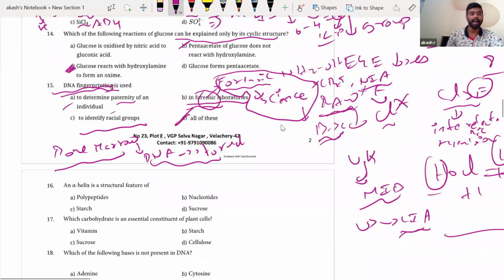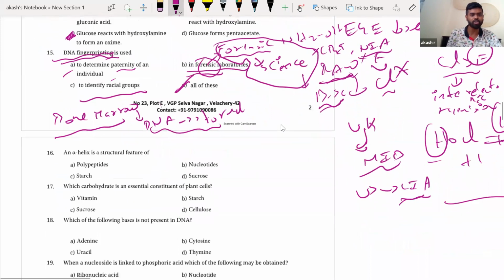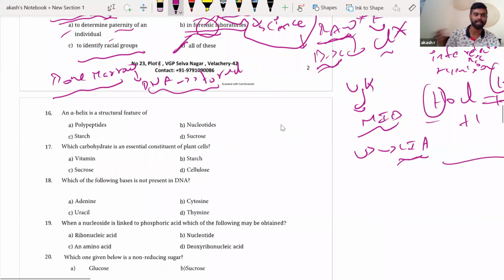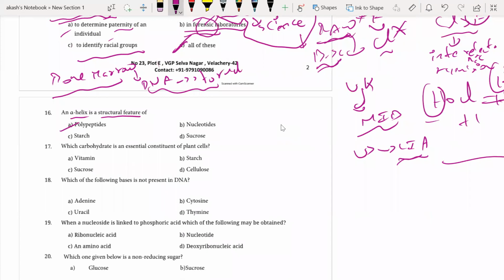Okay. Next, an alpha helix is a structural feature of polypeptides. Yes. We know alpha helix, beta pleated sheets. All these things come under the secondary structure of proteins or polypeptides. Quickly tell me, what is the difference between a polypeptide and a protein?